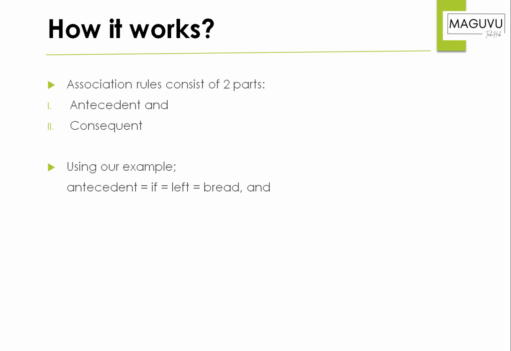It can also be referred to as the left hand, and in our example it is bread. So bread is our antecedent. And the then part of the statement is the consequent. It can also be referred to as the right hand of the statement, and in our scenario, milk becomes the consequent.